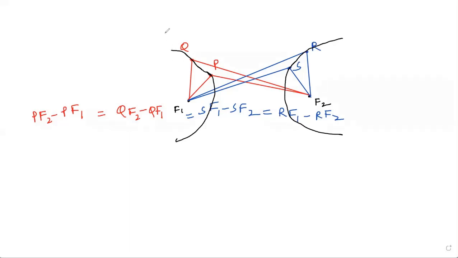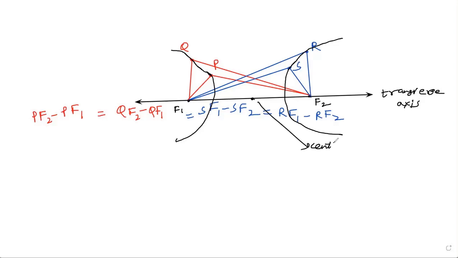And if I join these 2 fixed points, then this line we'll call the transverse axis. Here, the term is a bit different. We call it a transverse axis. Now let me consider this point, which is the midpoint of F1 and F2, and that will be our center.